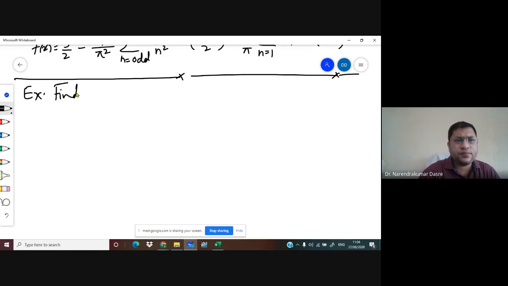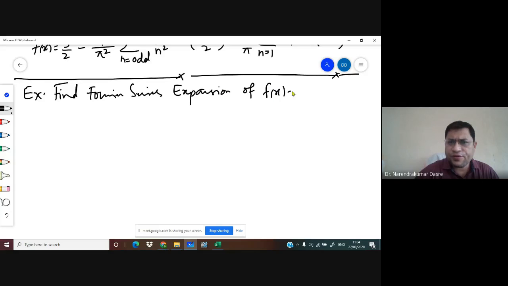Find the Fourier series expansion of f of x is equal to x square in minus L to L.